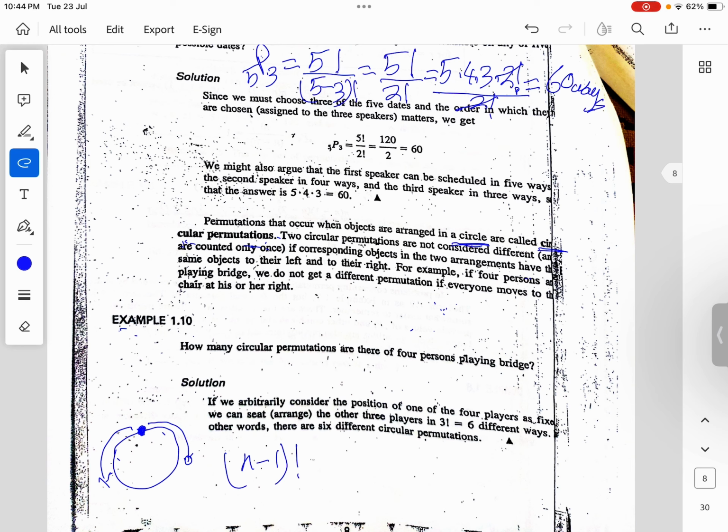Since it says circular permutation, then n minus 1 factorial means 4 minus 1, which is 3 factorial, which means 3 by 2 by 1, which is 6.